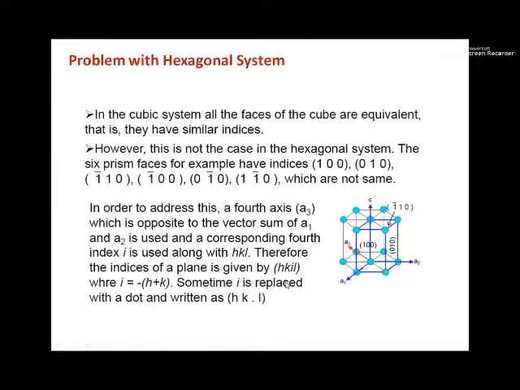So you have to introduce another index, that is given by i, and make this i equal to minus (h plus k). Now sometimes this is written as h k dot l, meaning you can find i from the values of h and k. So this must be a family of planes.